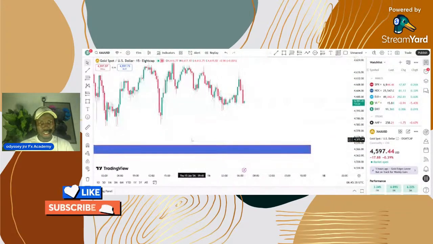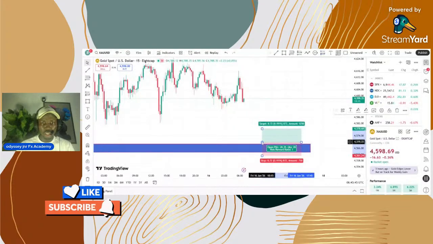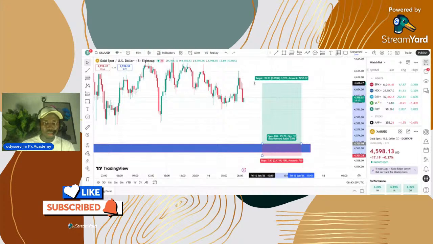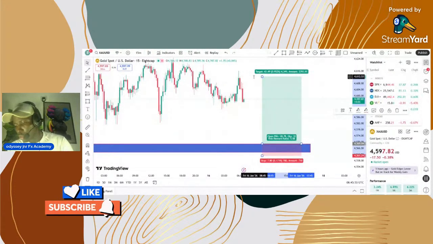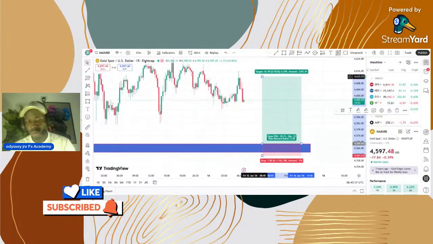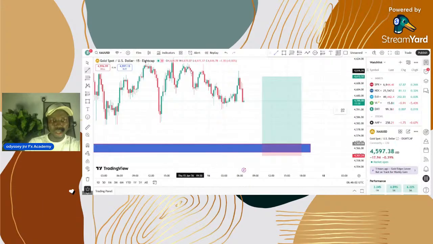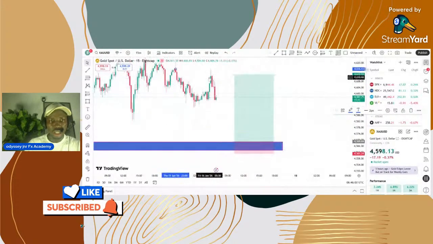So I'll be staying here to wait for this trade. Can even target this high, but let's target this high.